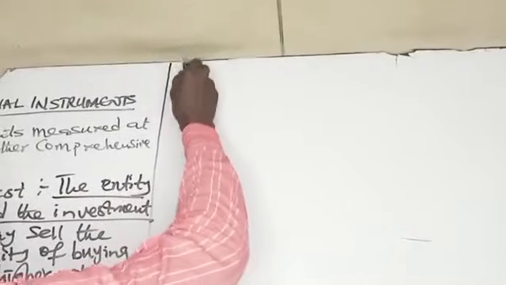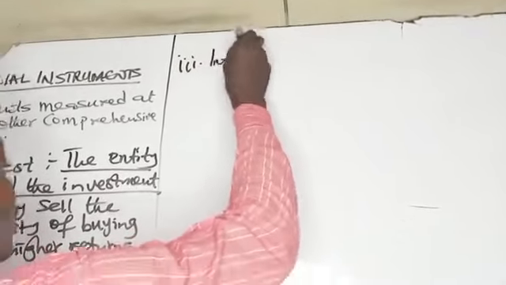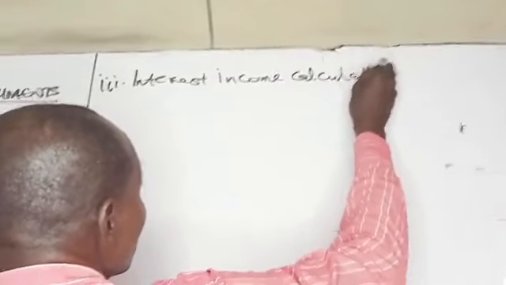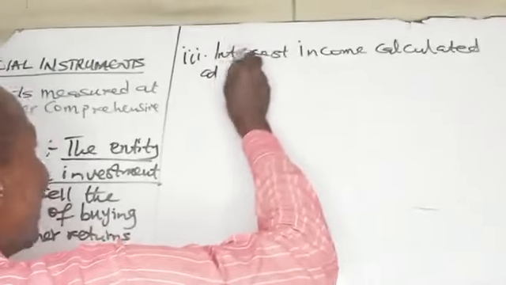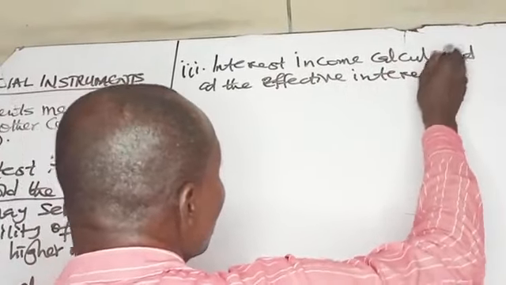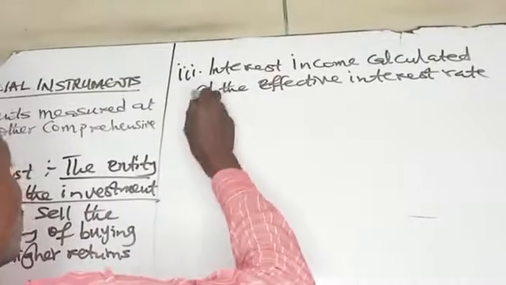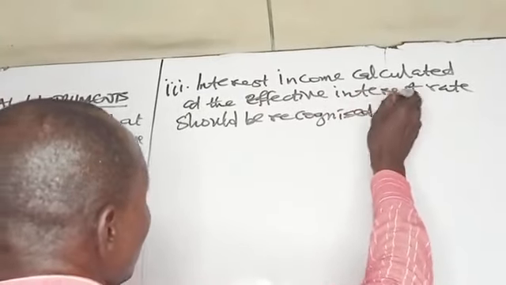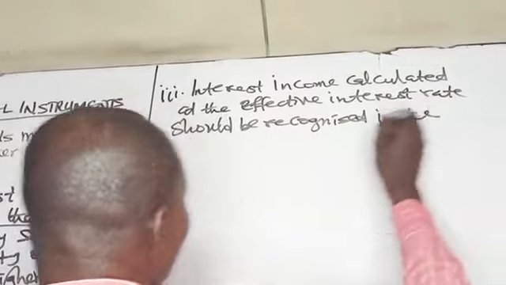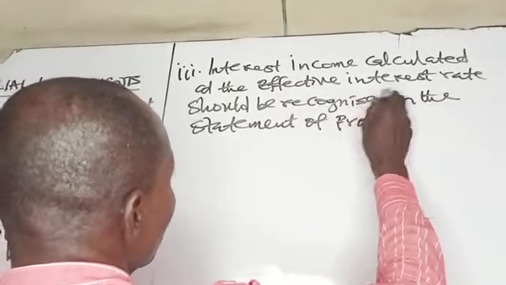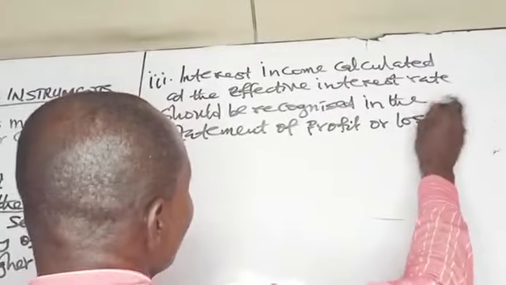Three, interest income. Interest income calculated at the effective interest rate should be recognized in the statement of profit or loss.